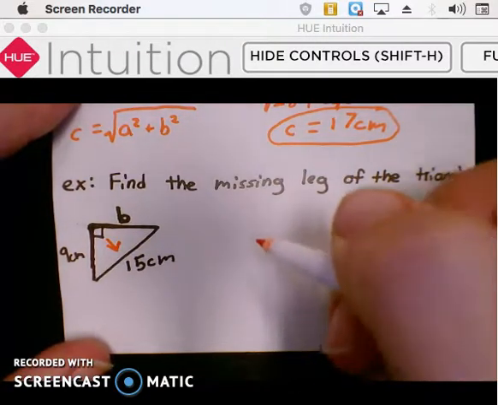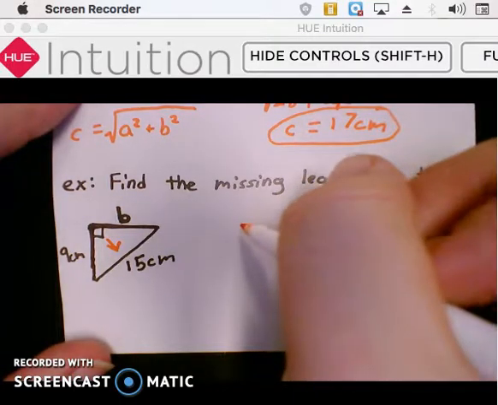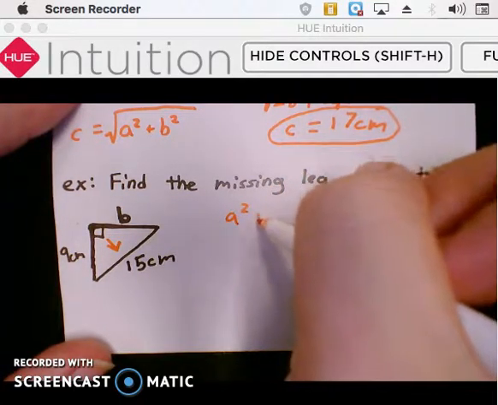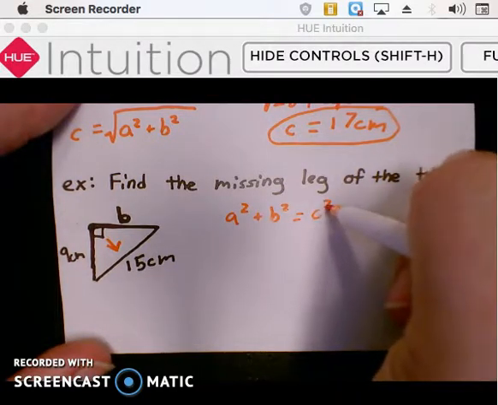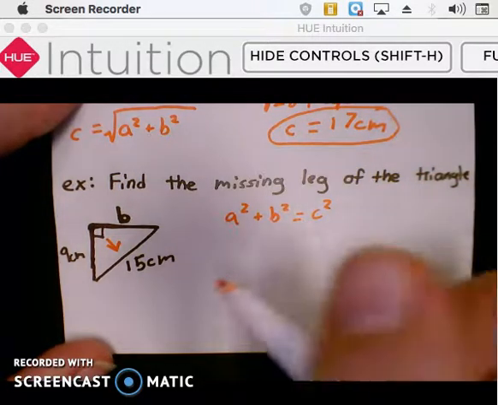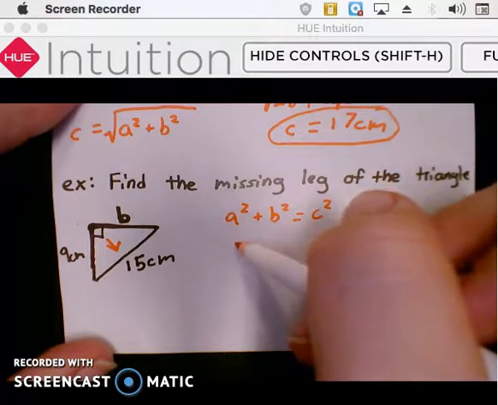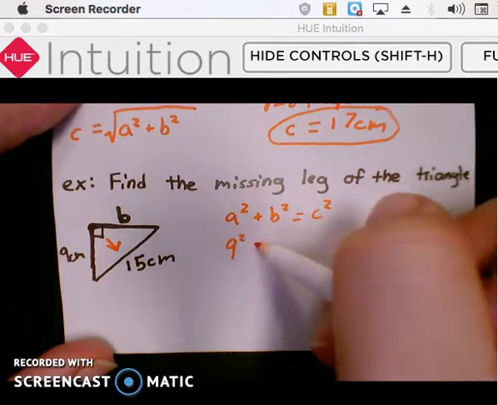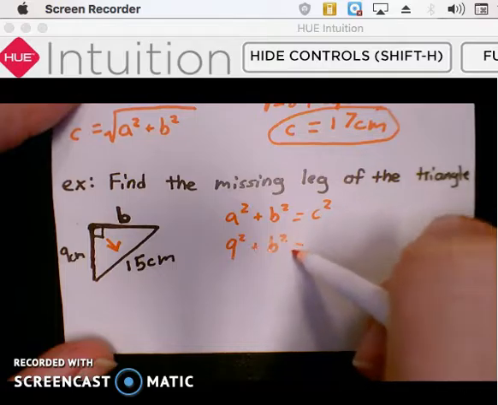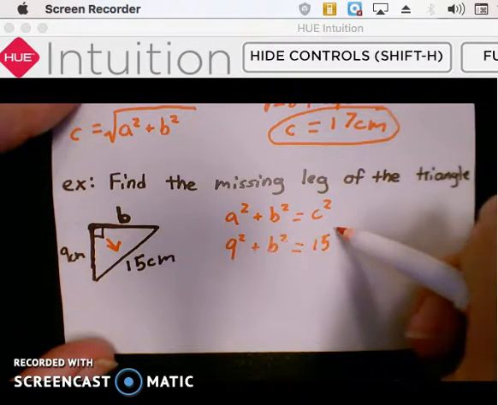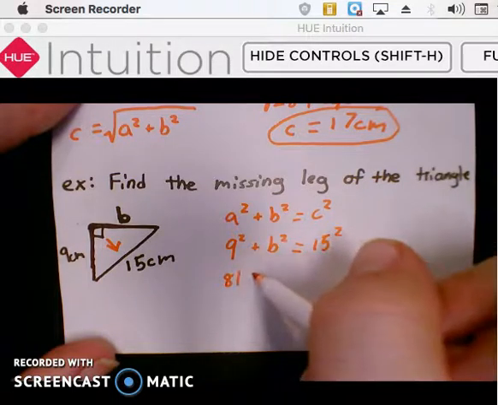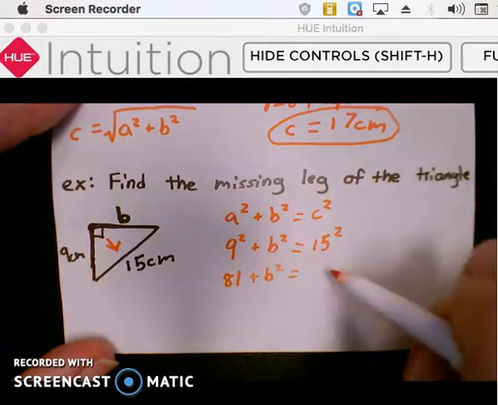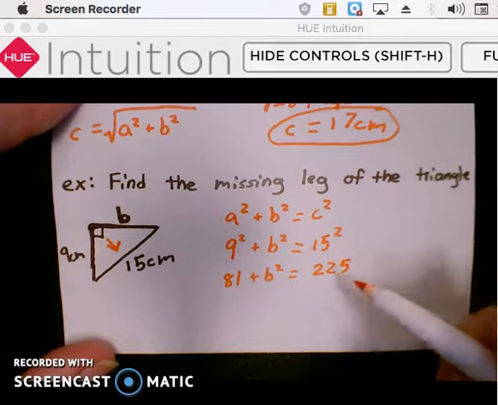And so I'm going to write out again, a squared plus b squared equals c squared. I'm going to plug in what I know, so my a is going to be 9 squared. I don't know what b squared is, and c squared is 15 squared.